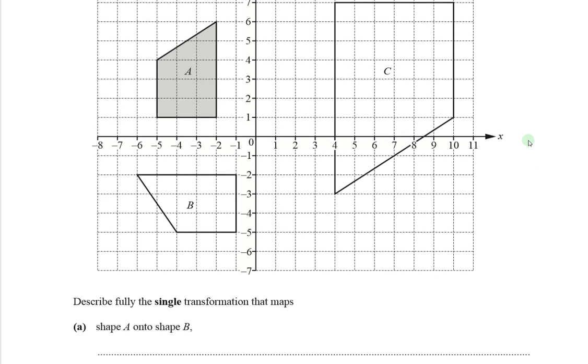Okay, now A to B, A to B. Okay, now let's find the corresponding point.